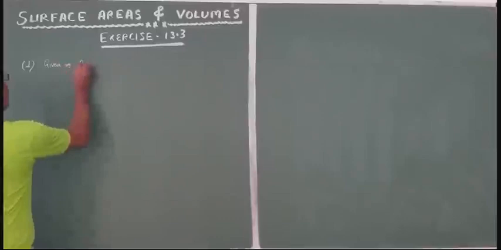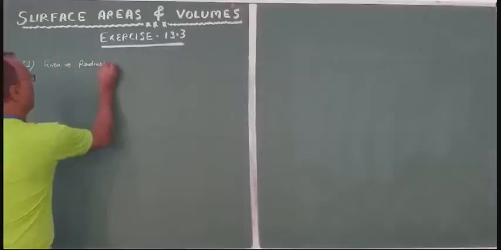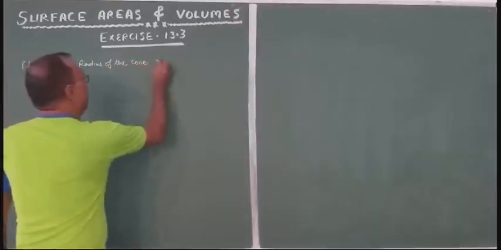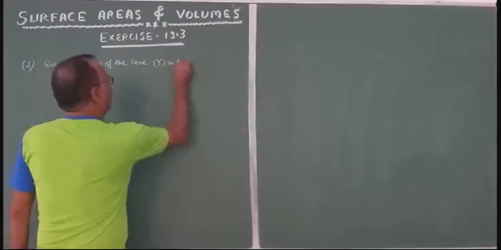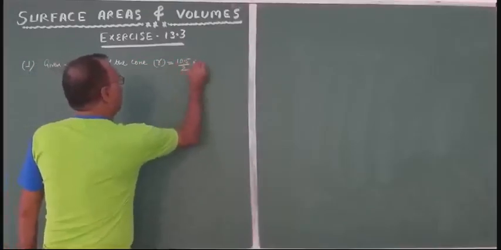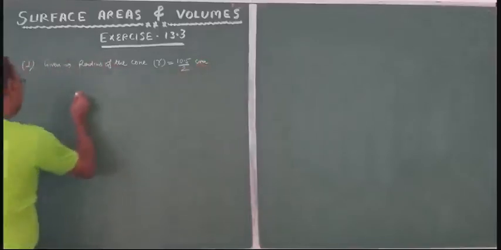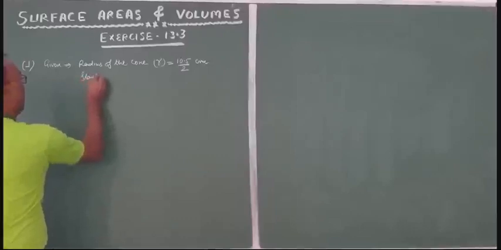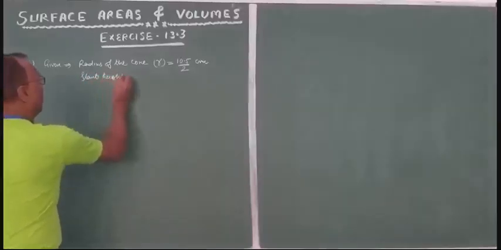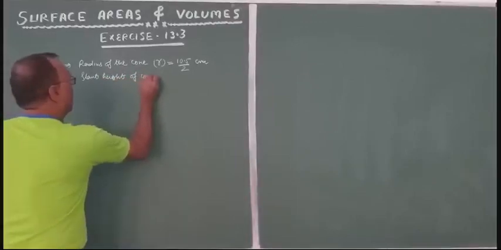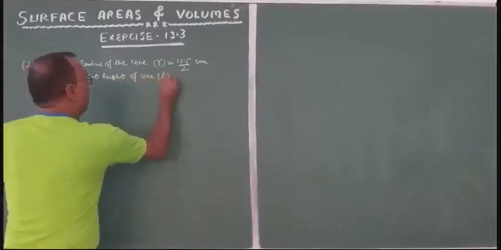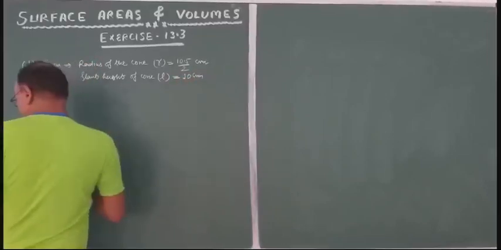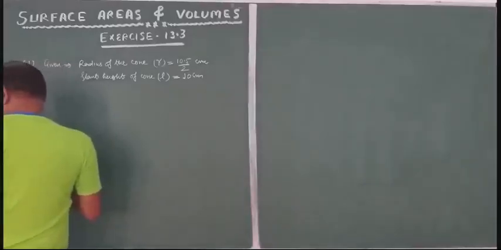For the cone, R will be, since the diameter is 10.5, the radius will be 10.5 upon 2 centimeter, and the slant height L is given 10 centimeter. Question is this: find the curved surface area.